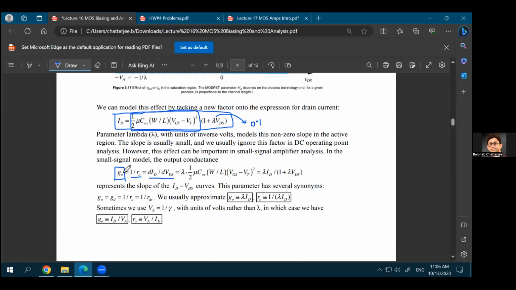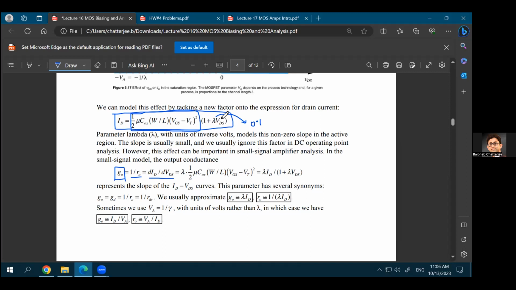So GO is your output conductance, that is 1 upon the output resistance, that is del ID, del VDS, or the derivative of ID with respect to VDS. If you take the derivative of this equation with respect to VDS, what would you get? You will get this lambda term coming out, because this 1 will become a constant and everything else is a constant, so that term will become 0.